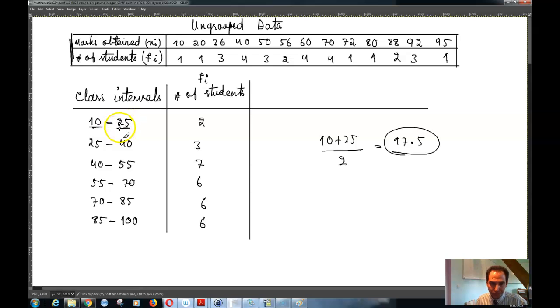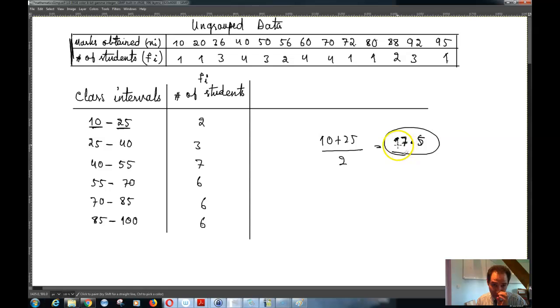And the way that we are going to use this number is that we are assuming that all of the numbers that fall within this class interval are represented by this number, meaning that we take it as a representative of all of the numbers that fall within this class interval.